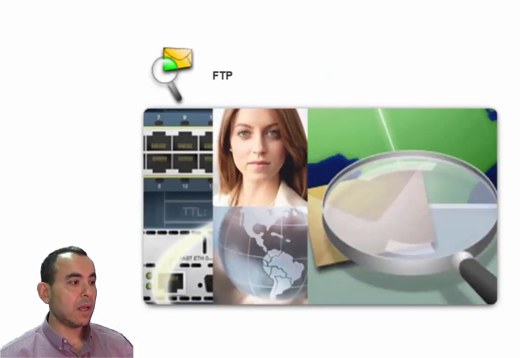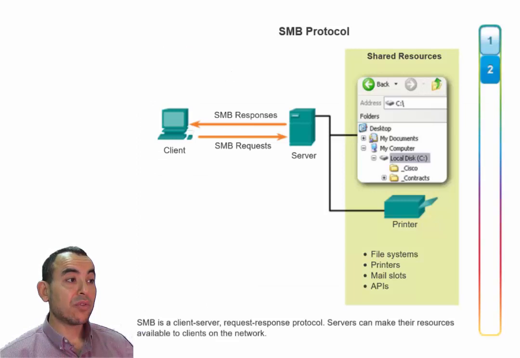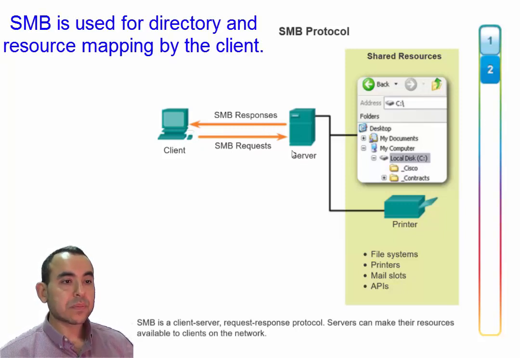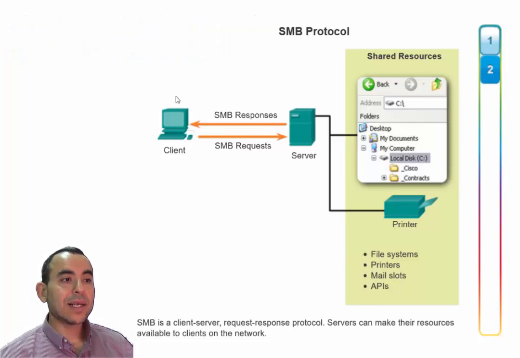The other protocol is called Server Message Block. Server Message Block was initially developed by IBM in the late 80s, and basically the SMB protocol is used between a client and a server to map a specific directory, or to map a specific resource on the server to be exactly as if it's local on the client.